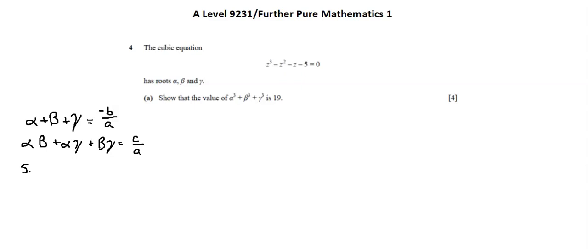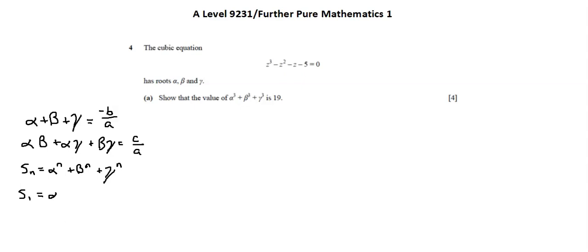The general recurrence relationship is S sub n is alpha to the power of n plus beta to the power of n plus gamma to the power of n. We're going to need S sub 1 and S sub 2.